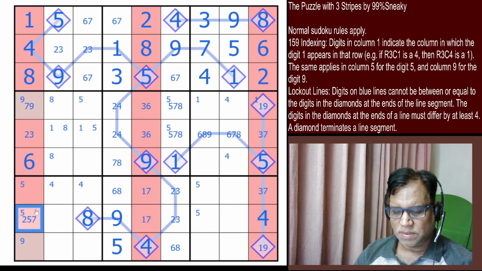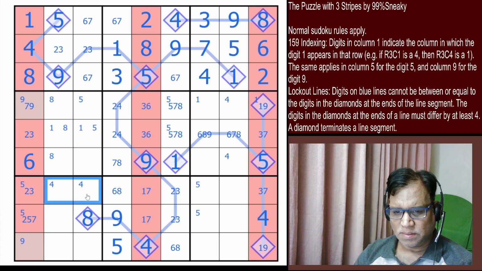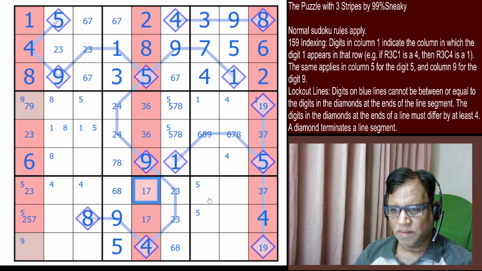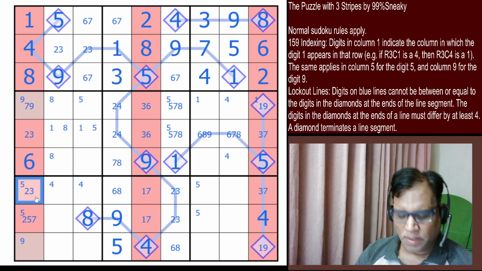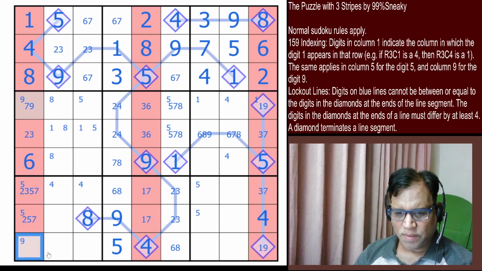So that's 2, 5, 7. Where is 1 possible here? 1 is not here. That could be 2, 3. 1 could be here. 2, 3. 1 could be here. And 7, right? 2, 3, 5, 7, right? 2, 5, 7. What about this?